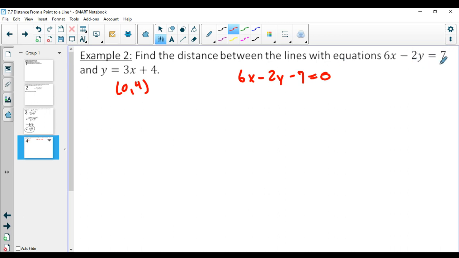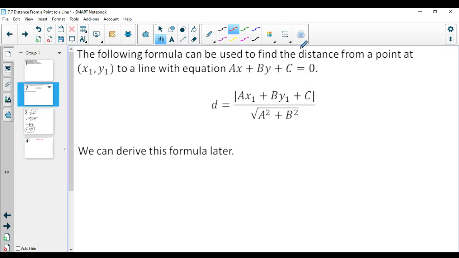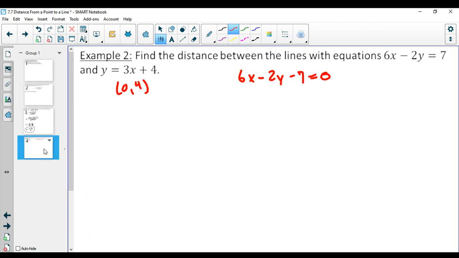Anyway, I'm just subtracting that 7 over so that we're in the ax plus by plus c equals 0 form.